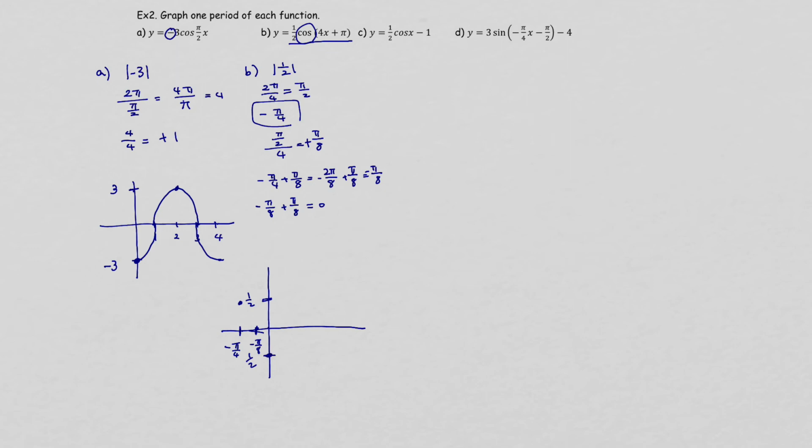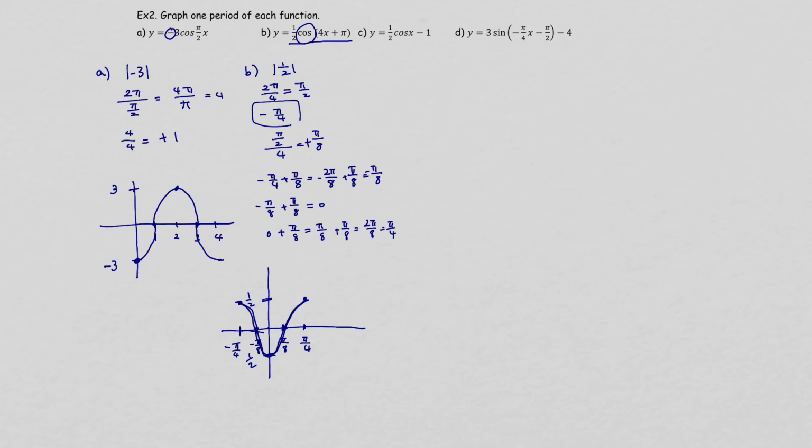Then from 0, you're adding pi over 8 again, which will be pi over 8. And when you add pi over 8 to it, that's 2 pi over 8, so it'll be pi over 4. So we have all 5 points. Now let's see if we can graph. So that's how you're going to graph the second function.